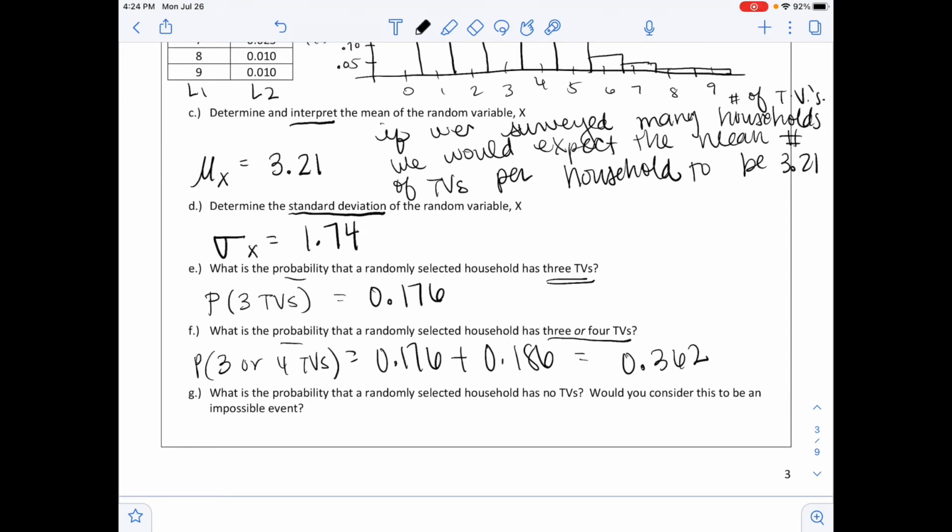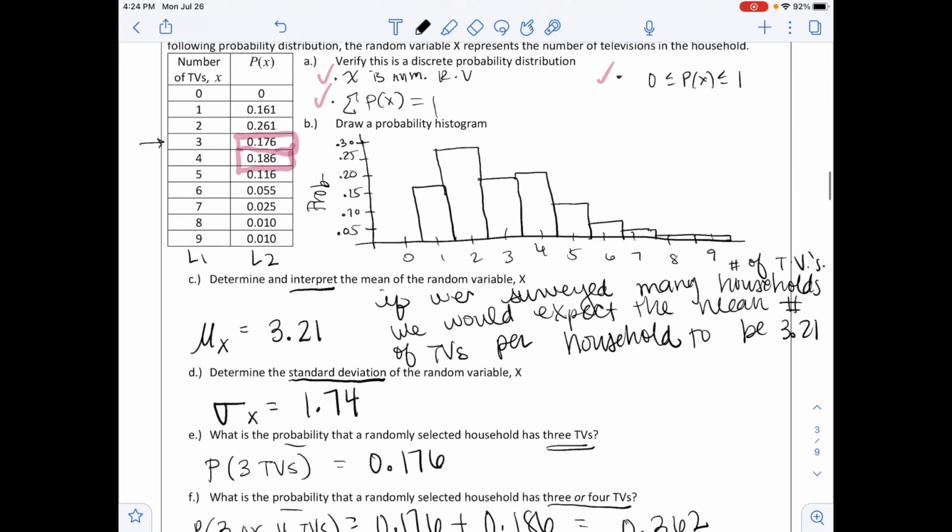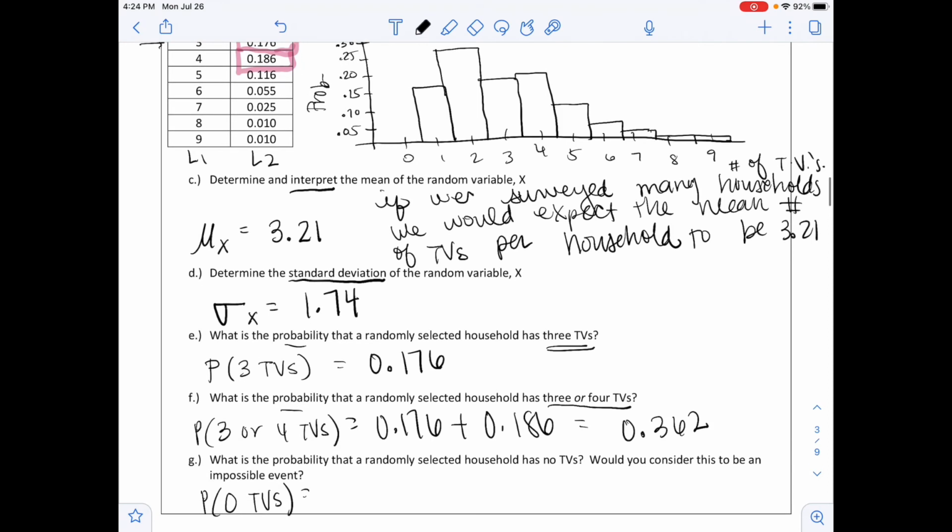Part G says, what is the probability that the randomly selected household has no TVs? Would you consider this to be an impossible event? So the probability of having 0 TVs, you go back and look, is equal to 0. It does also ask, would you consider this to be an impossible event?